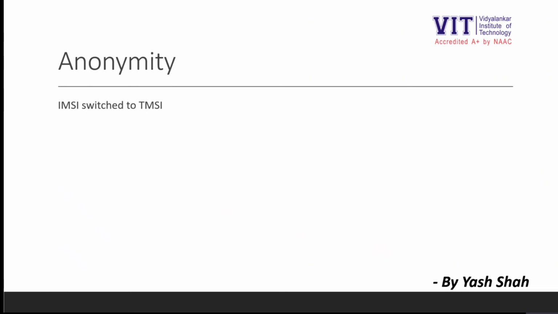What GSM does is, after successful authentication, this IMSI is switched with the TMSI. TMSI stands for Temporary Mobile Subscriber Identity, which is recorded in the HLR. Now every time the mobile station wants to transmit data, it does not use the IMSI but the TMSI, and hence we have successfully saved the subscriber's identity.